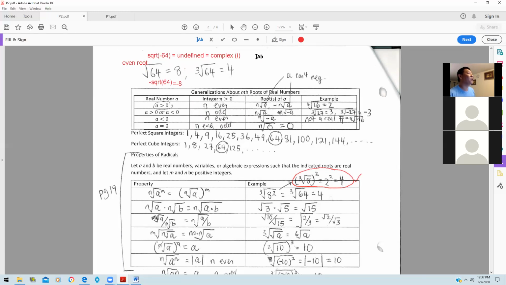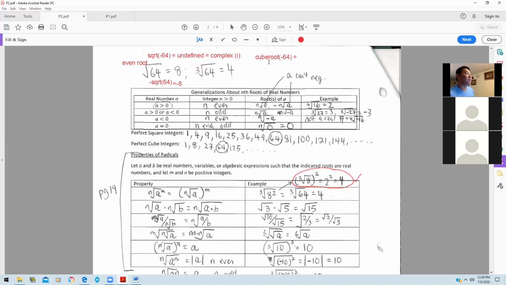What happens when you have a cube root? Now we know that the cube root of 64 is 4. So what happens when you have a cube root of negative 64? Do you think this will be undefined like the square root property, or is it a defined answer? That means you have a solution.